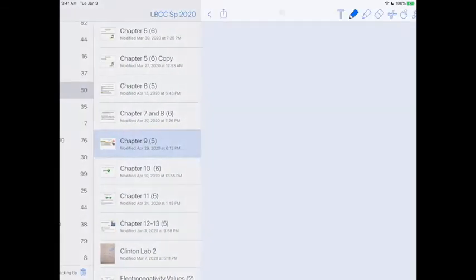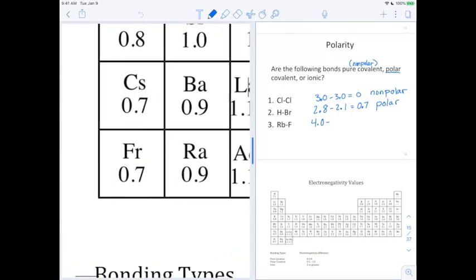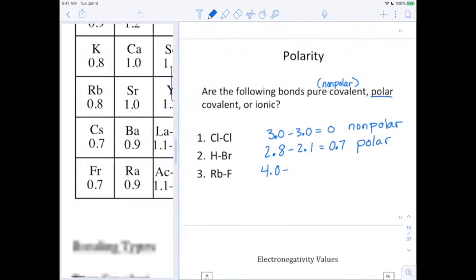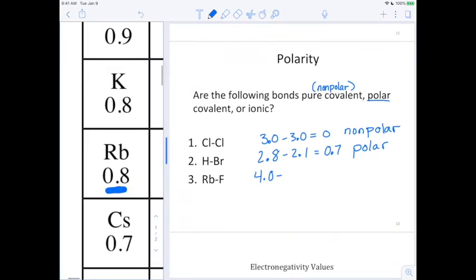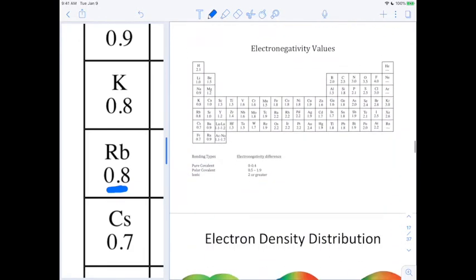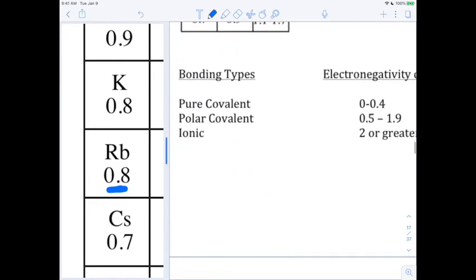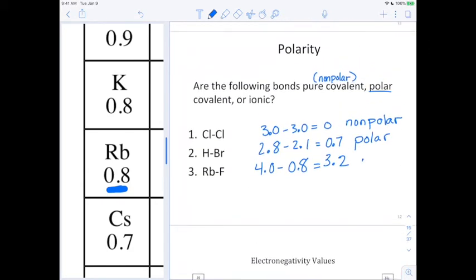Sorry about that, every once in a while my iPad jams. There we go. Alright, so rubidium is 0.8. And if my math is correct, I believe this is 3.2. And ionic would be a 2 or greater. So this qualifies as ionic.